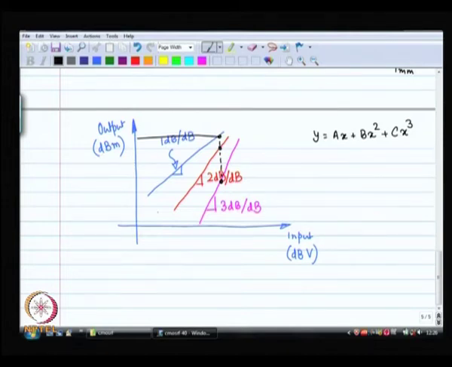I do not really want to get so much second and third harmonics. So, I back off from my rated power by 20 dB, let us say 20 dB.